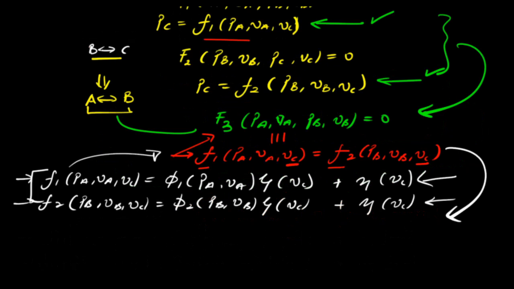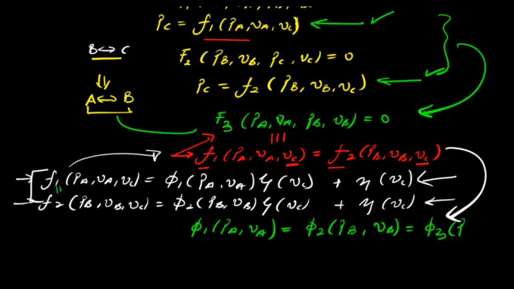If you equate f1 and f2, then you will get phi1, which is a function of the properties of system A, equal to the state properties of the system B. And similarly, you can show with the same argument that you will have some function phi3 which will be equal to these when you have Pc and Vc as the pressure and the specific volume.